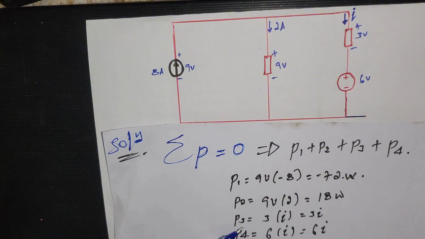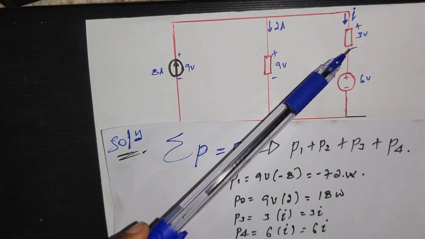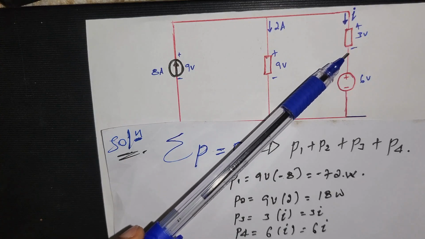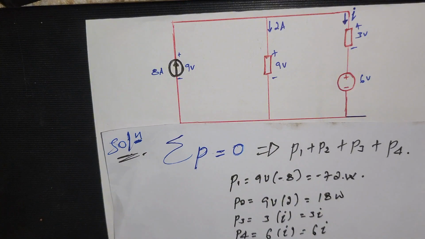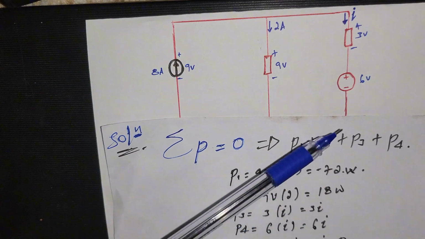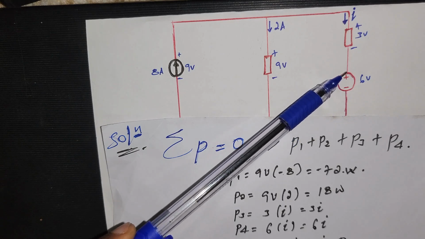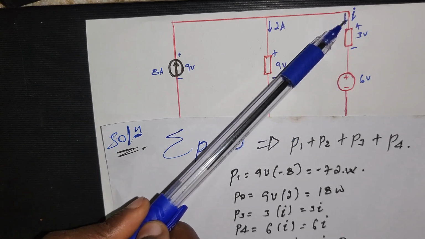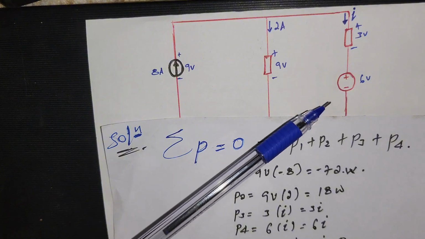For P3, I times 3 volt. The power will be 3I. For P4, 6 times I, which is 6I. Both are positive because the direction of the current aligns with the polarity.